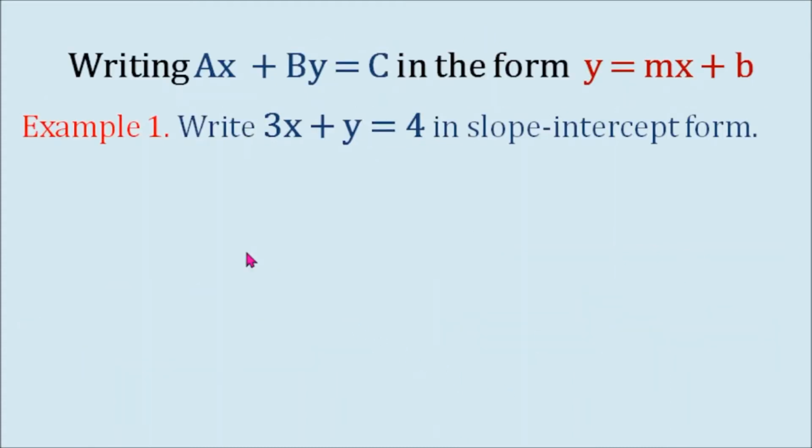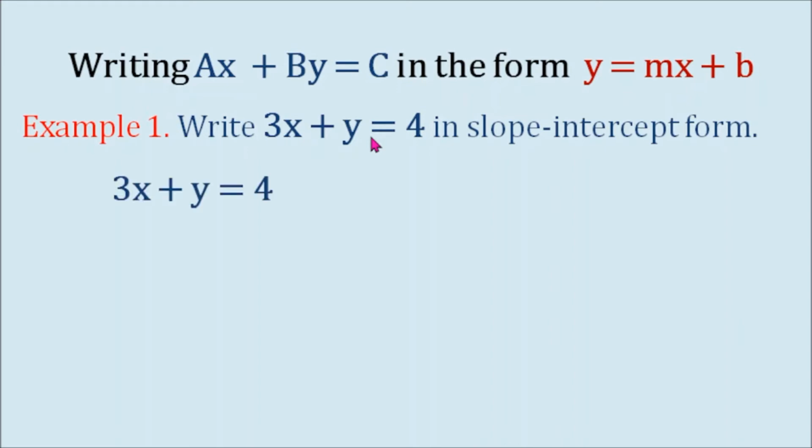Now, let's write linear equations in standard form ax + by = c in the form y = mx + b. Example number 1: write 3x + y = 4 in slope-intercept form. So this means we are going to isolate y on the left side of the equation.